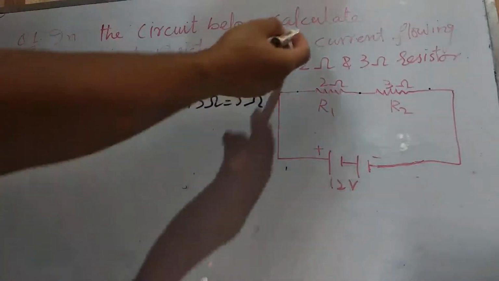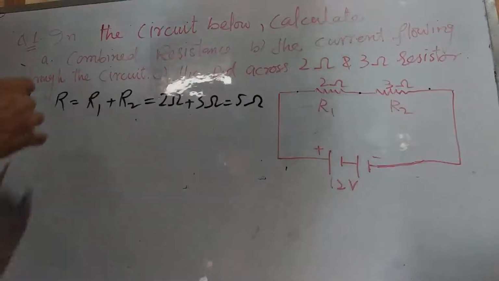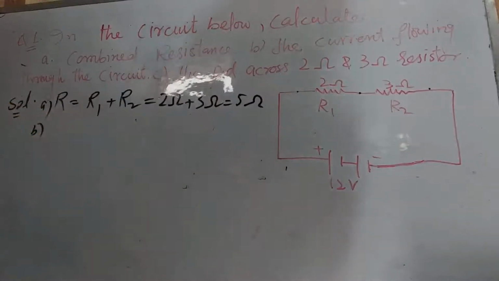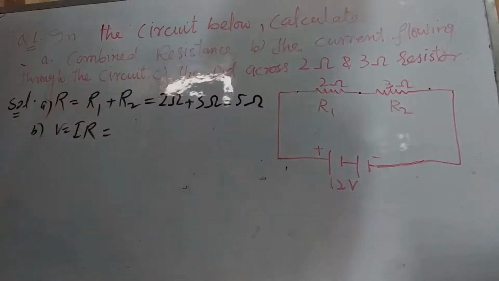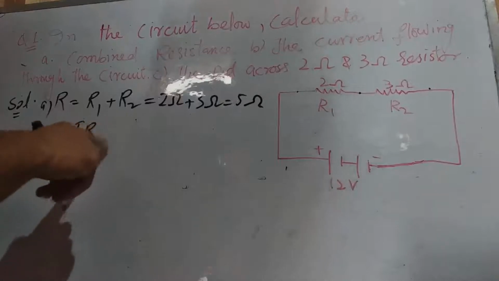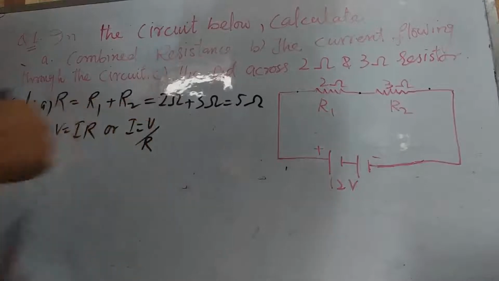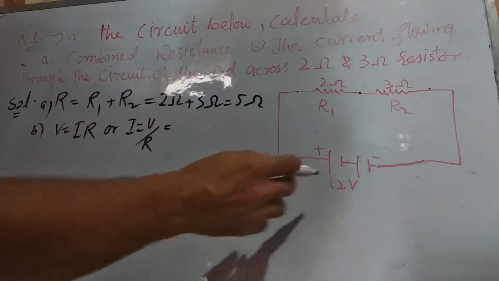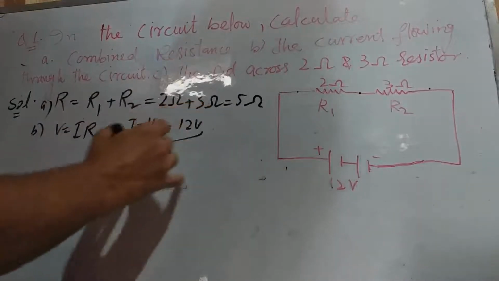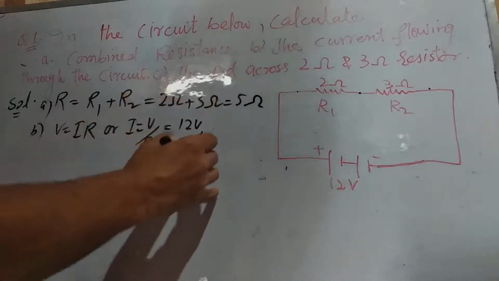And secondly, the current flowing through the circuit. To calculate the current, we know from Ohm's law, V is equal to IR, or we can say I is equal to V by R. From this equation, current will be V, given 12 volt, divided by R, given 5 ohm.